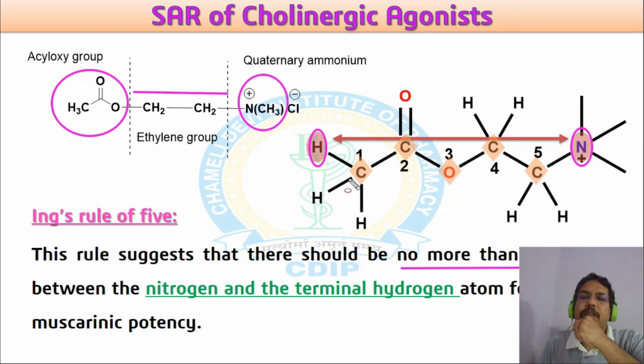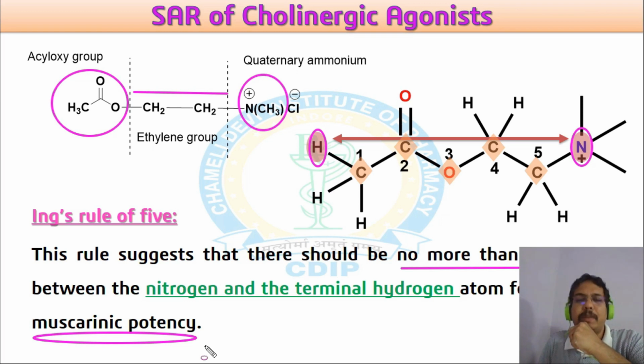So this methyl having a terminal 3 hydrogen, this one or that one or that, in all the cases, the difference remains 5 atoms, and it is basically required for the maximal activity or maximal potency towards the muscarinic type.